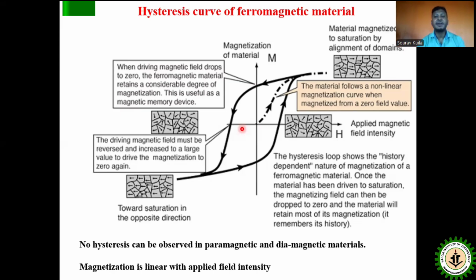To demagnetize the magnetic material, you have to apply the external magnetic field in the opposite direction. When you apply a reverse magnetic field, after a certain value it gets demagnetized. That means the magnetization will be zero, and again all the domains will be randomly oriented.